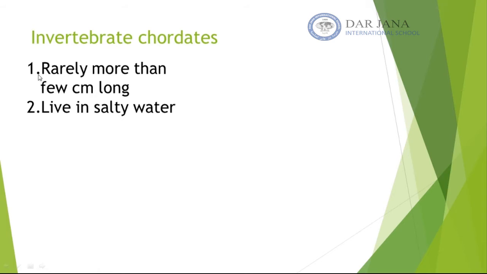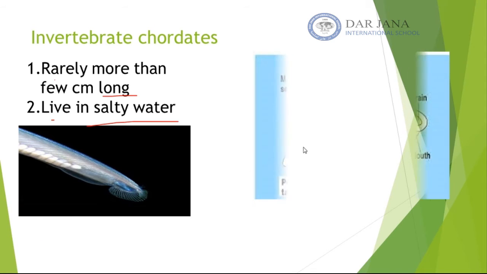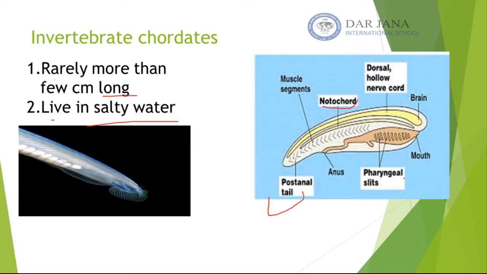Now, if we talk about the invertebrate chordate, we said we have 2 examples, the lancelets and tunicates. What are the general characteristics they have? They rarely grow more than a few centimeters long, and they live in salt water. Here we can see a lancelet in this image, and here we can see the anatomy of it, showing you the 4 different characteristics: a notochord, a tail, pharyngeal slits or pouches, and we have the nerve cord.